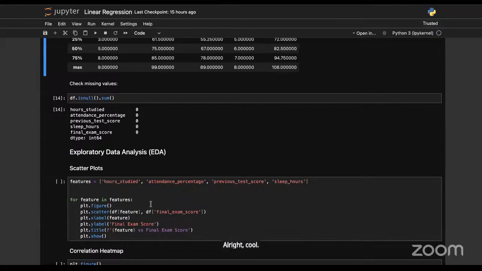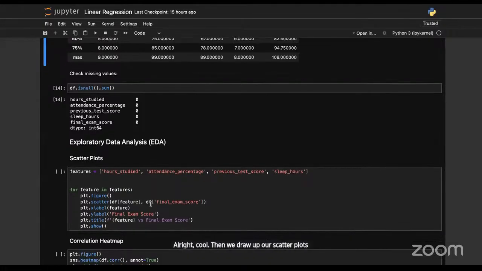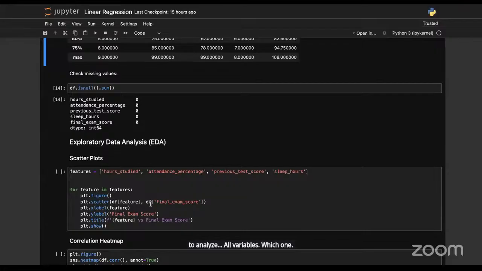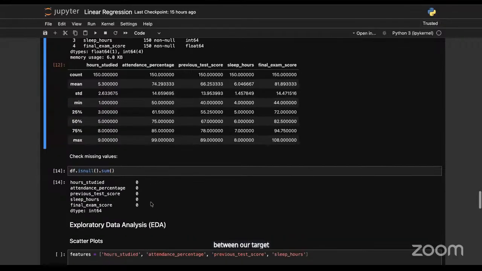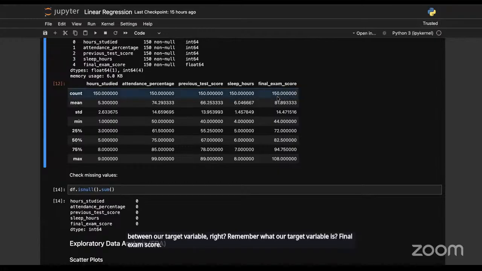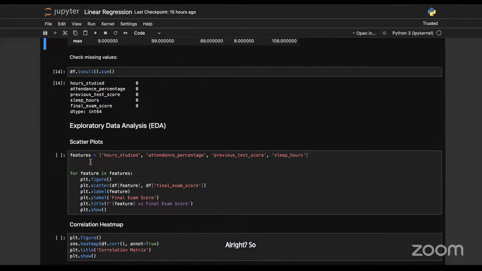Then we draw up our scatter plots. Why do we do that? Because now we are starting to analyze our variables. Remember what our target variable is: final exam score. So we decide, okay, now I want to see how each of these variables act with the final exam score.